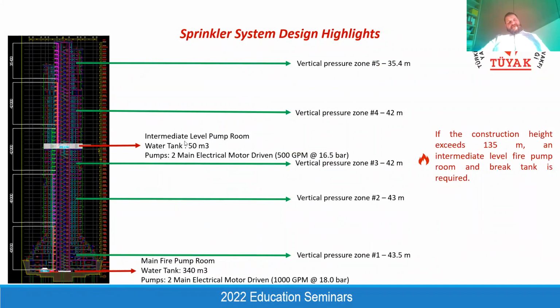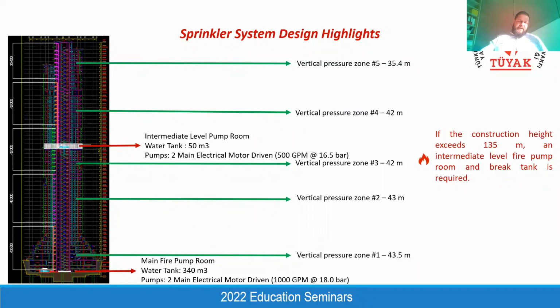And also this is very important design criteria for the architects regarding the mechanical requirements. As per Turkish fire codes, we need to have separate vertical pressure zones for the water-based suppression system because we have some limitations, both minimum and maximum limitations for the system pressure.